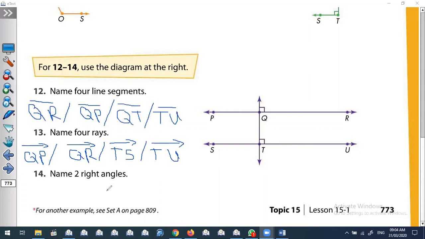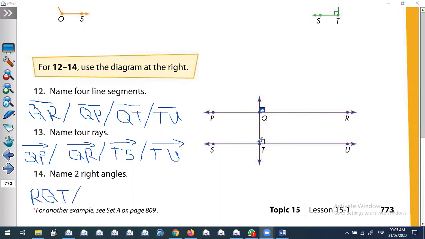Name two right angles. A right angle, as I told you before, has a square corner. Here I have a square corner and another square corner. How can we name this square corner? By three letters, like R, Q, T. The letter on the square corner should be in the middle. So angle RQT.